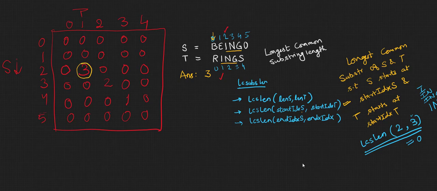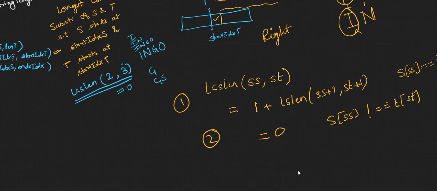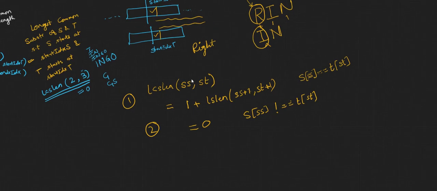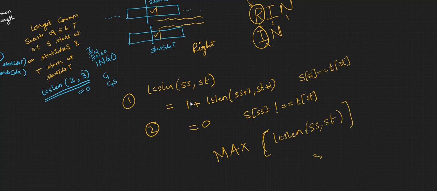Coming back to defining, here we came with our two cases, and we said the maximum of all LCS lengths with SS and ST will be our answer, where SS varies from 0 to S length minus 1, and ST varies from 0 to T length minus 1.